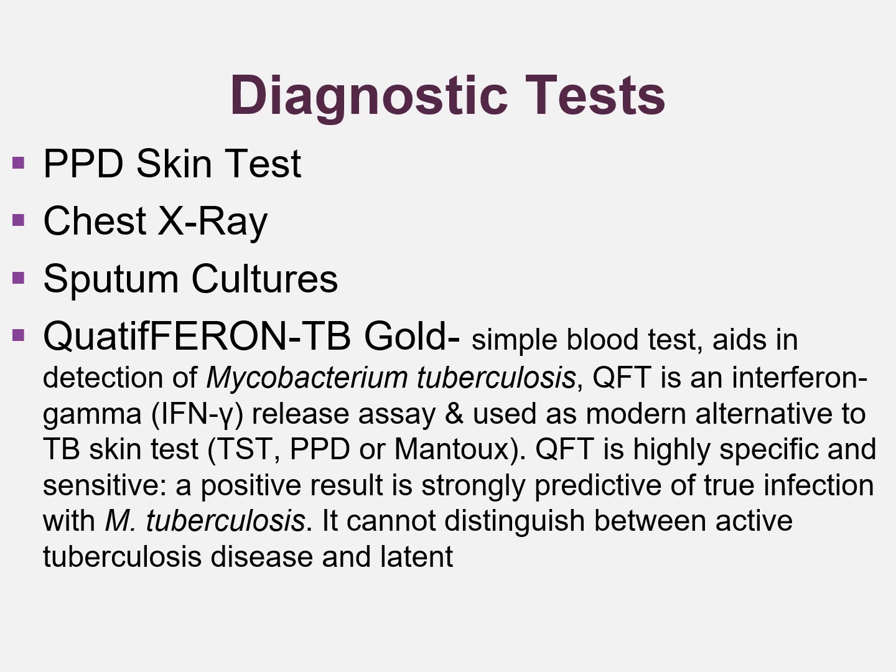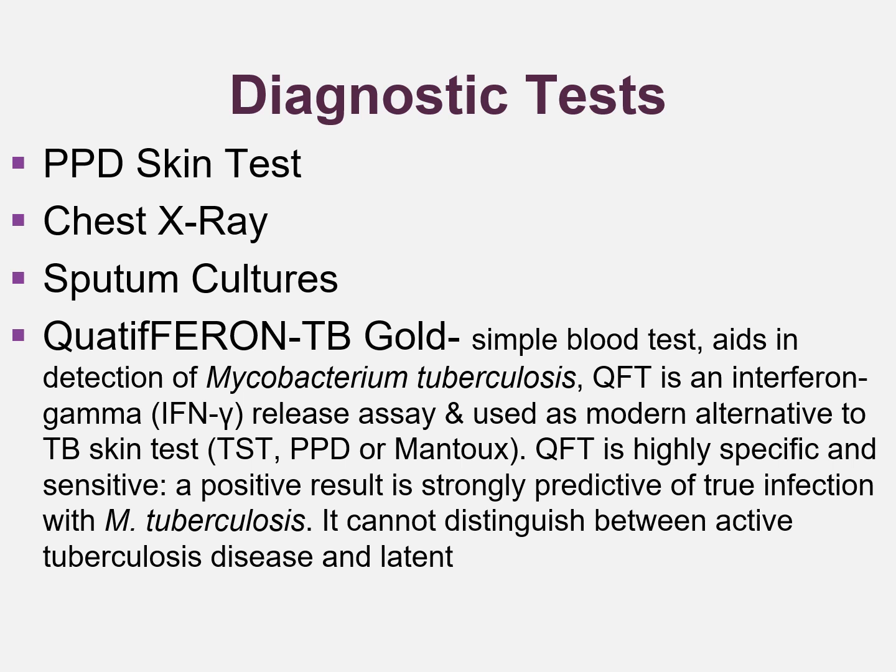Diagnostic tests include the PPD, which is that Mantoux skin test, a chest x-ray, and sputum cultures. They also have the QuantiFERON TB Gold, which is a simple blood test that helps detect Mycobacterium tuberculosis. It's an interferon gamma release assay, and it's used as an alternative to the TB skin test.